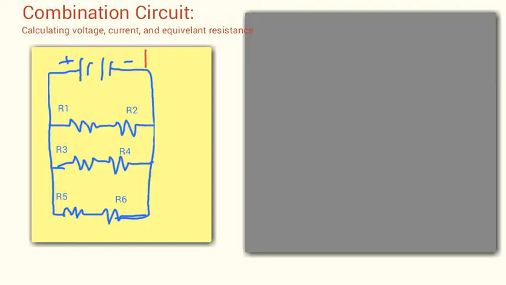So here's a 12 volt voltage supply, and now we're going to write down each of the resistors, their resistance in ohms, and we'll say this one is 15 ohms. Okay, so here are all the resistors with the number of ohms of resistance.